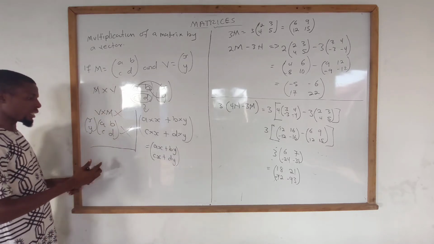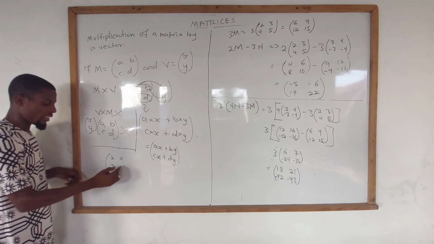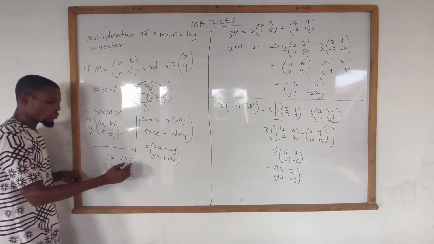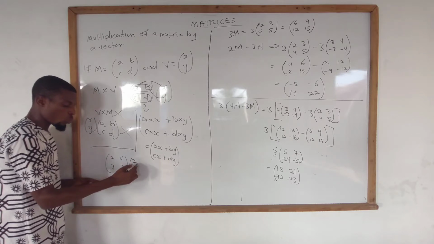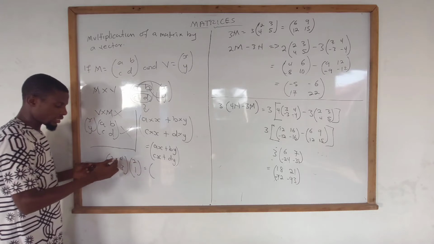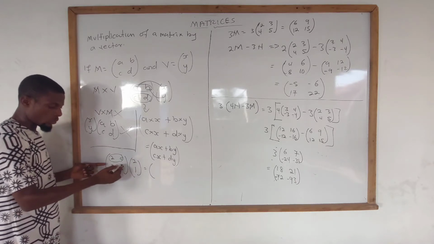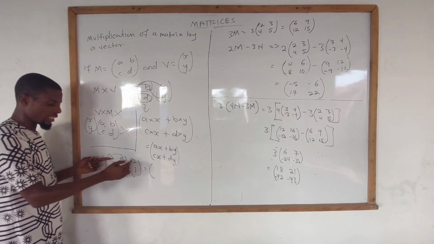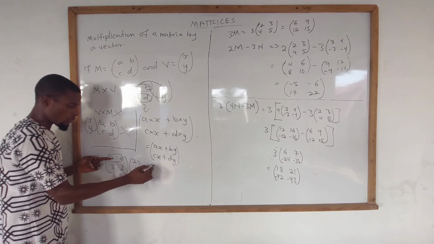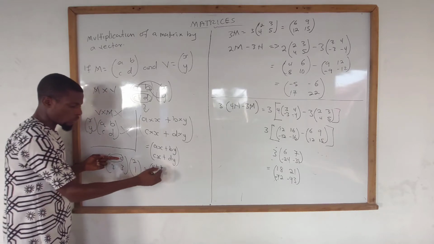So a typical example, if I give you 2, 4, 3, 3, and you are using it to multiply 2, 1. Taking the first row, multiplying the column, the second row also multiplying that same column. So first times first, 2 times 2, that will be 4, plus 4 times 1, second times second, that will be 4.